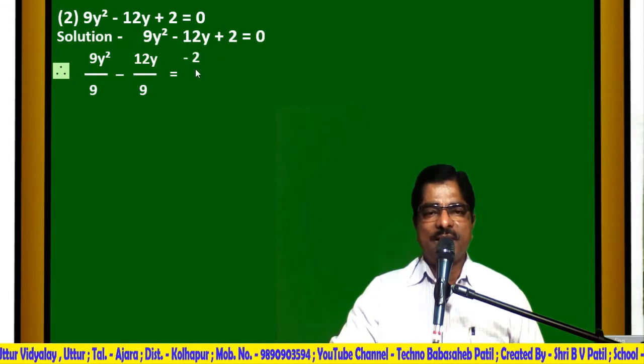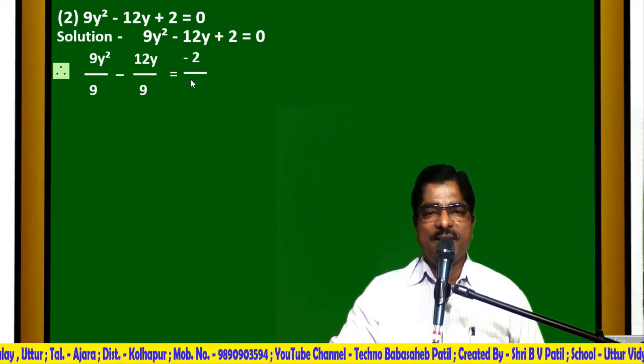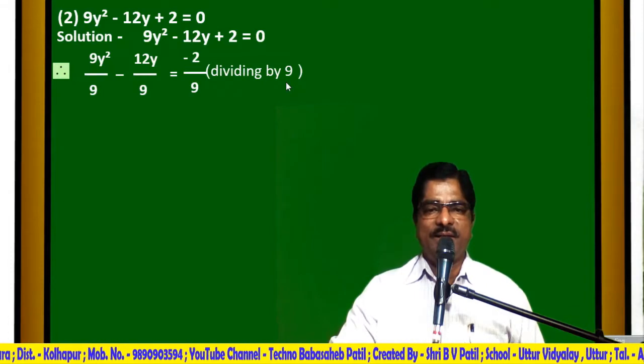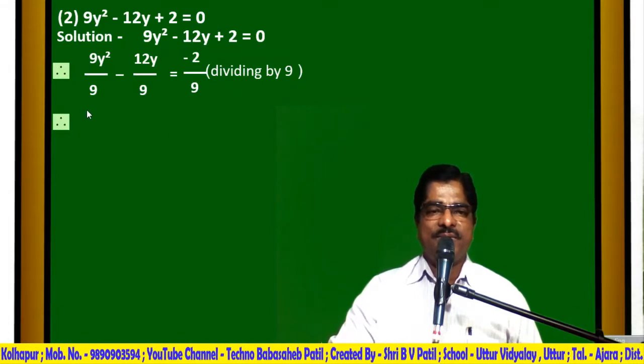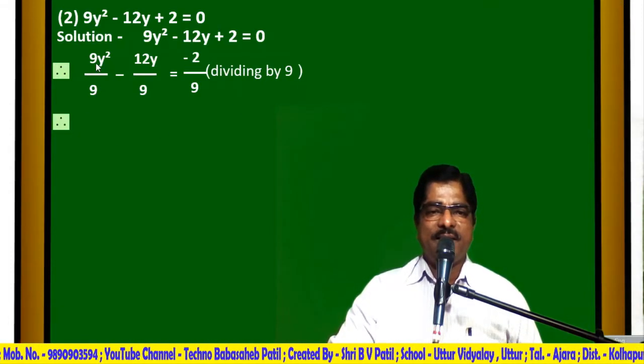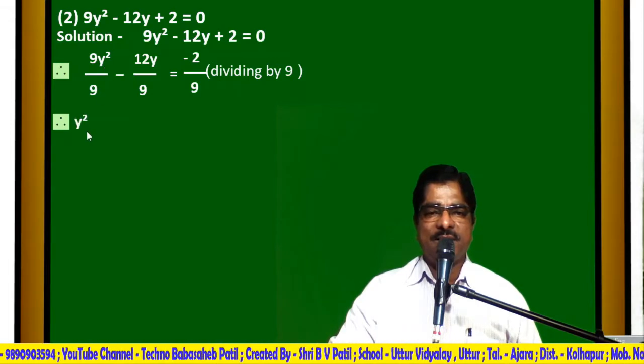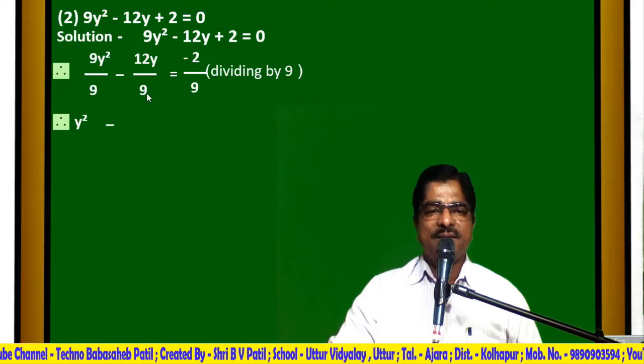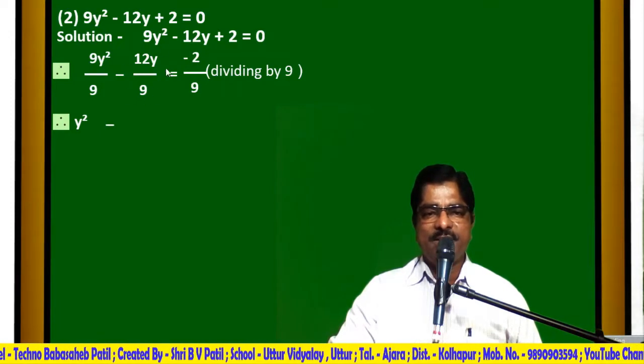Plus 2 becomes minus 2, and here also we divide by 9. Therefore 9 cancels, y square remains minus, and after simplifying, what do we get?